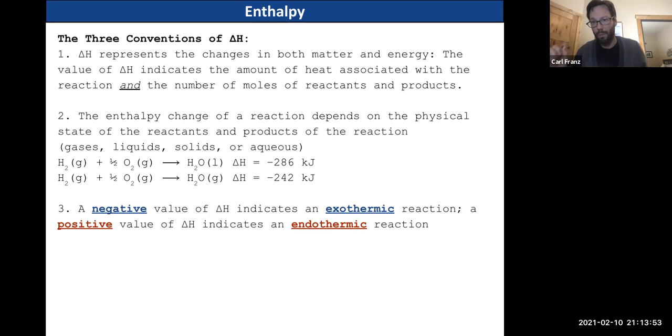So the values depend on the state, the phase of these molecules. Okay. And again, as with heat, negative value is exothermic, positive value is endothermic. Remember that.